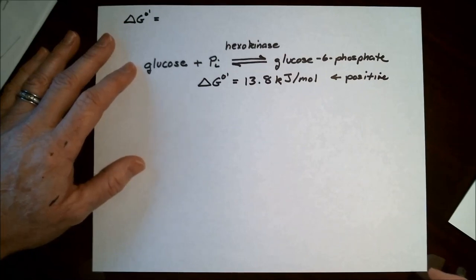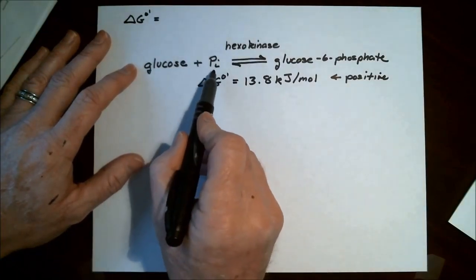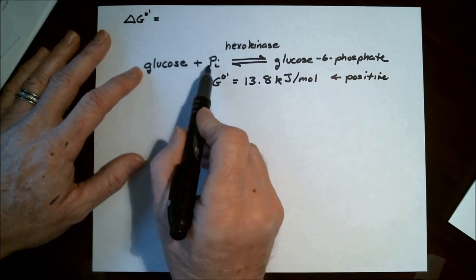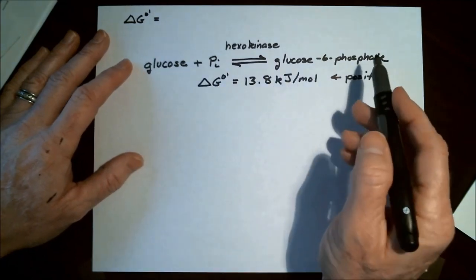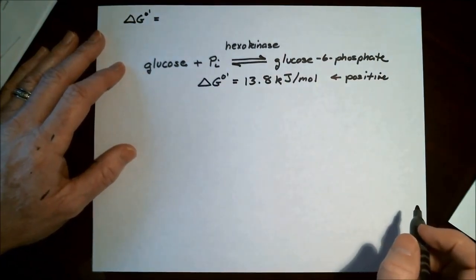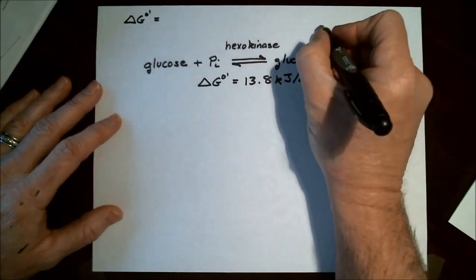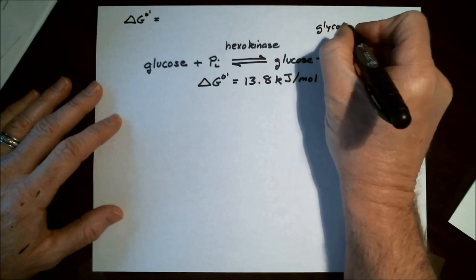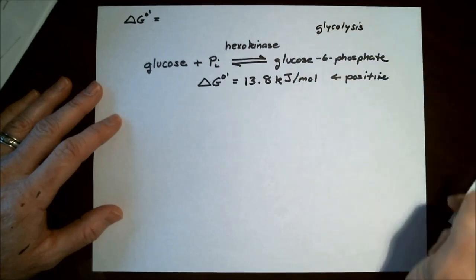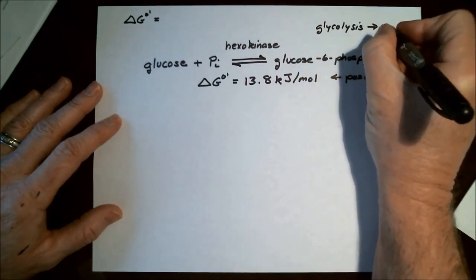We need energy input into this reaction to make this happen, because attaching inorganic phosphate to glucose is not a favorable reaction. But we know this reaction goes very efficiently in biochemistry because it is the first reaction in glycolysis. And glycolysis is the pathway to produce energy.